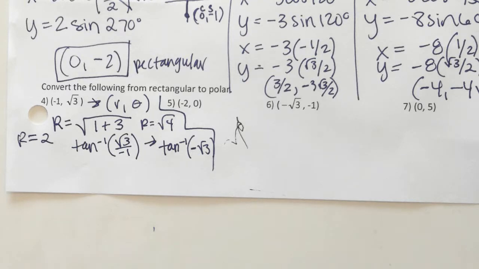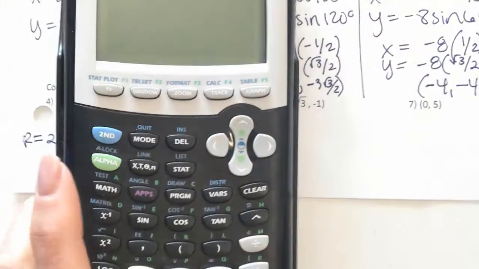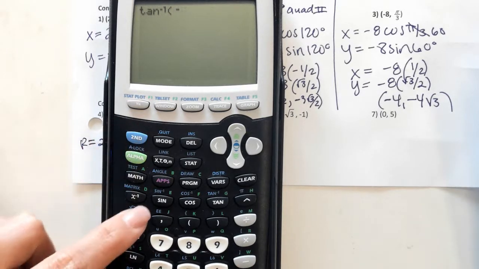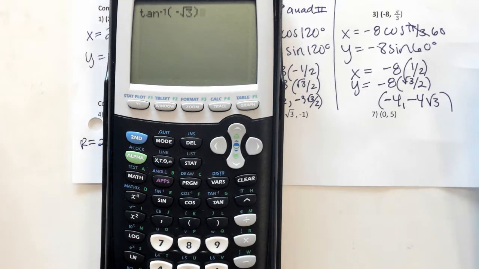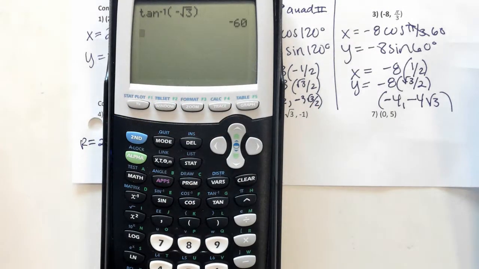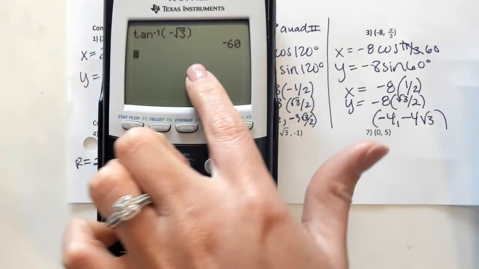Negative 60. Okay. That doesn't mean that's what the angle is. Can I show you how to type in the calculator? You type in second tan negative root 3. You can't type the negative inside the square root. Is that what you did? There we go. Did you type it in just like this?